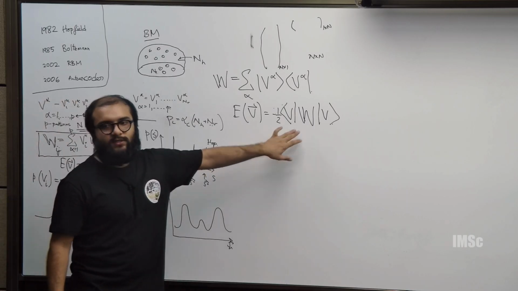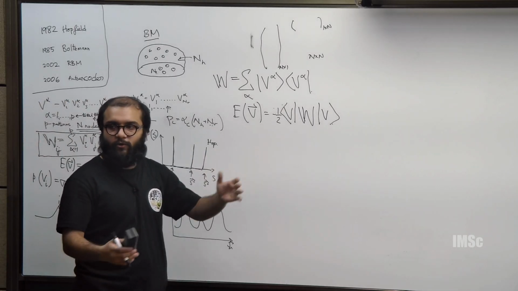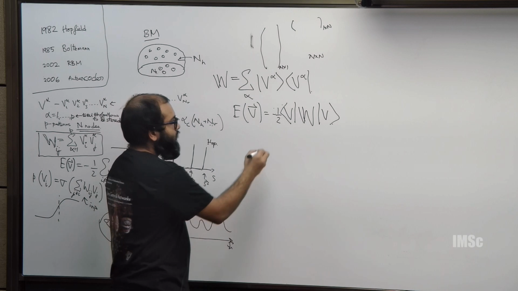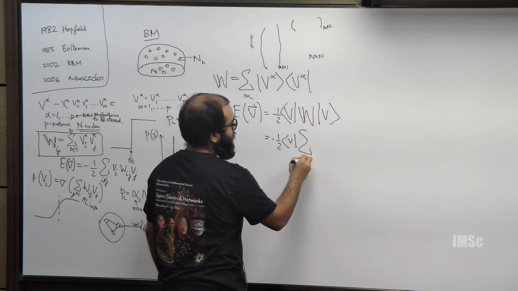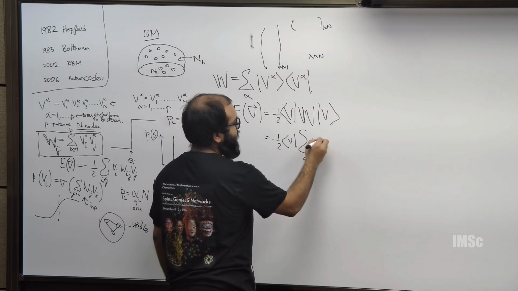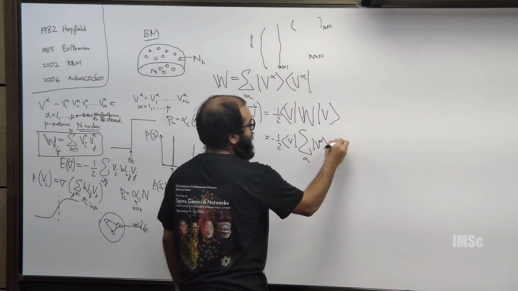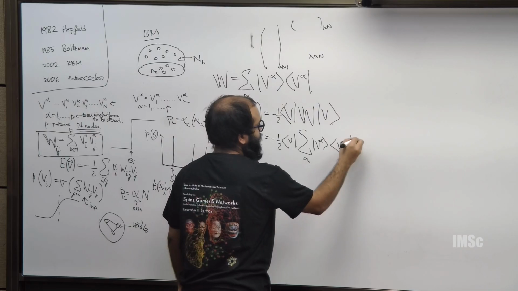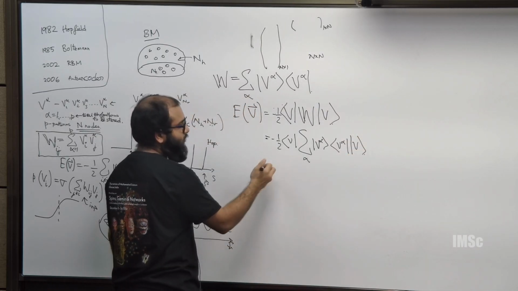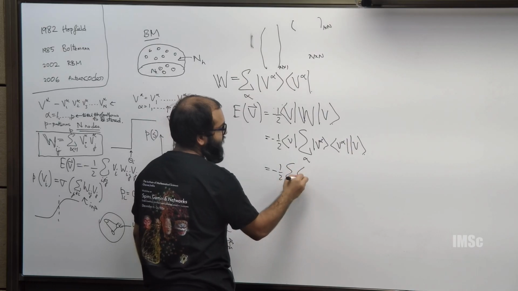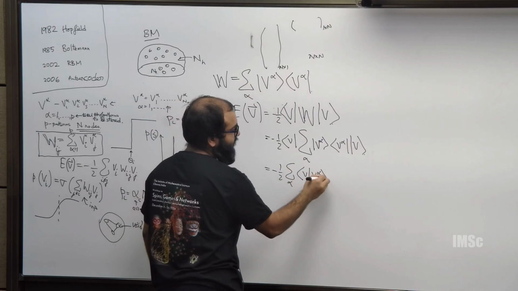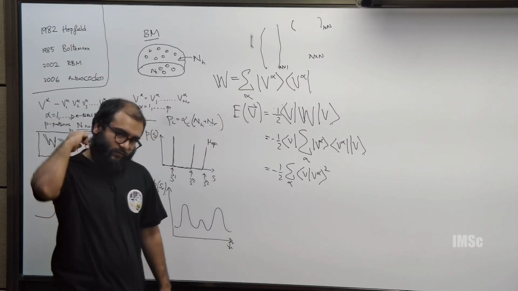Here I'm not summing over the indices separately, but considering a Ket-Bra notation, right? Inner product. Open up the W. If you open up the W, V alpha are the patterns being stored, right? Take out the sum over alpha outside. You see, it essentially becomes the V alpha inner product whole square, right?